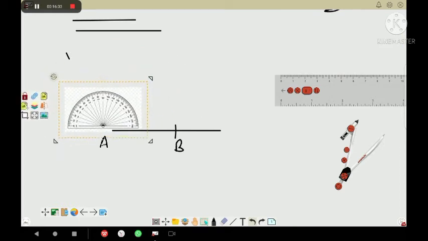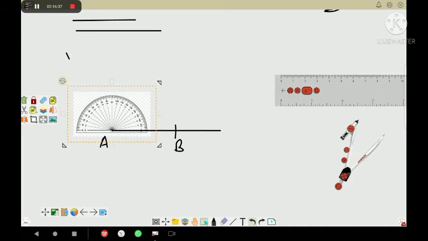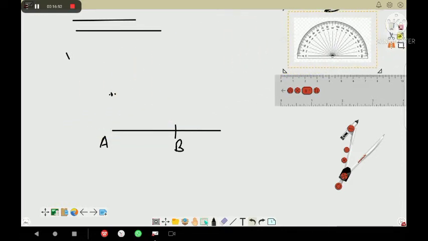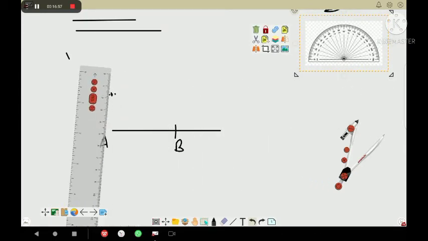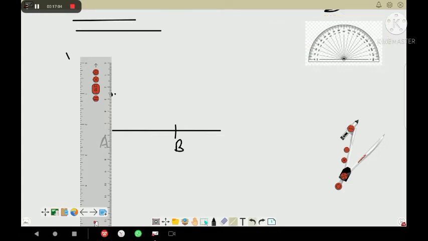So if I draw a 90-degree angle here, in this way, inner scale, that means 90-degree here, 90 here is 90. So if we draw the 90-degree angle, we need to join it. So we join it by ruler.